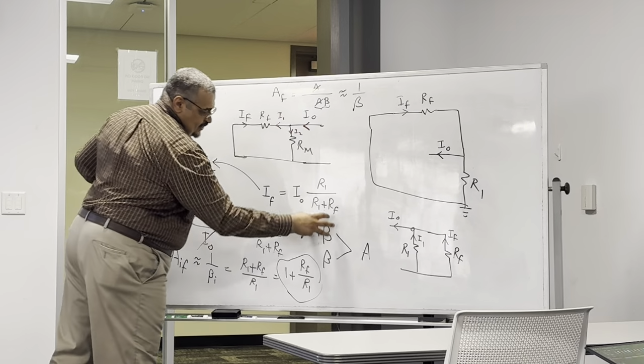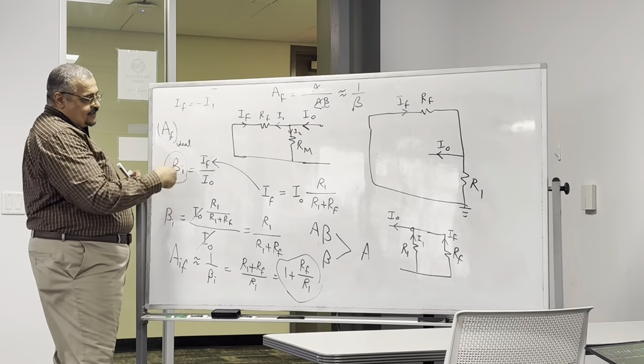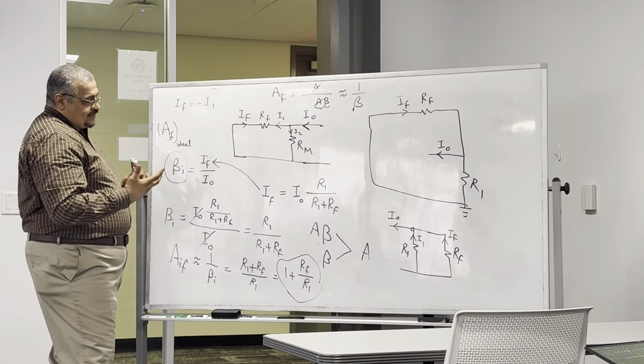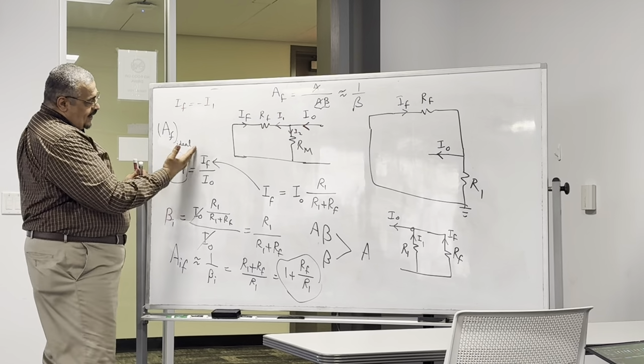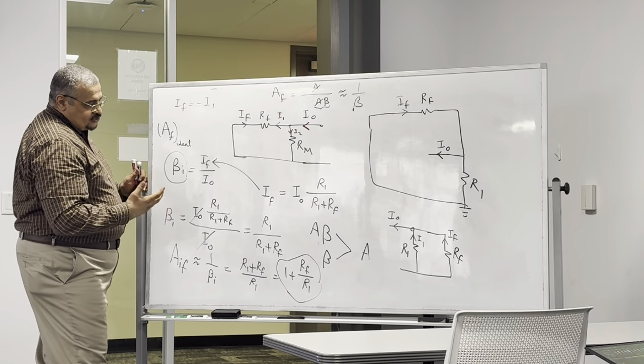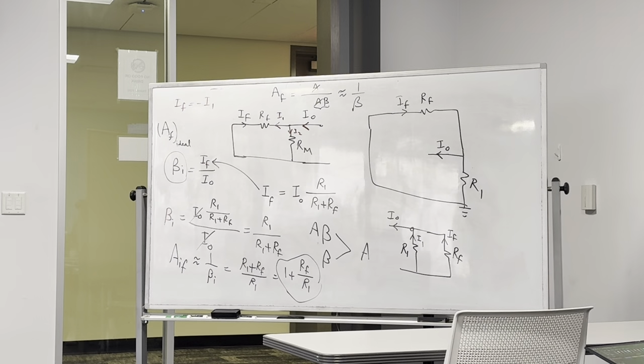You divide this by this, gives you A. So knowing the feedback factor is very helpful, it tells you how much is the ideal gain of your feedback amplifier, and also it gives you an estimate of the open loop gain of the amplifier.